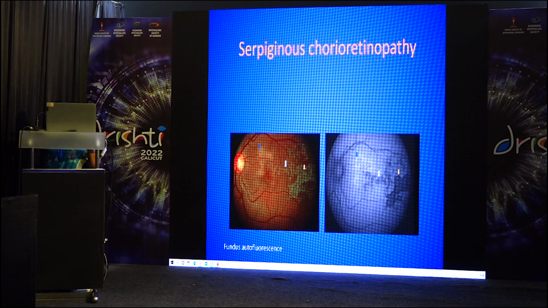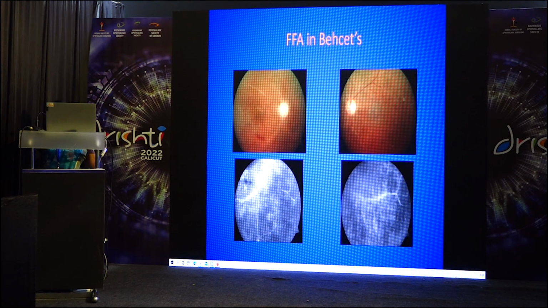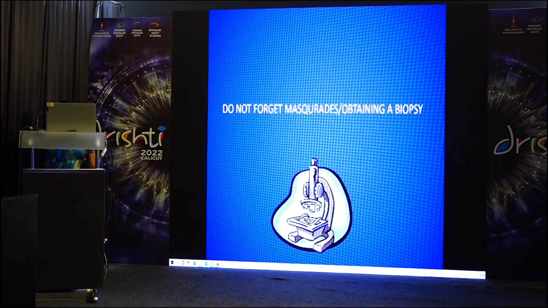And fundus autofluorescence helps in detecting early recurrence of a serpiginous choroidopathy. FFA gives some clues regarding the extent of the disease, like in Behçet's. FFA gives a typical fern pattern, so the diagnosis is easy here.